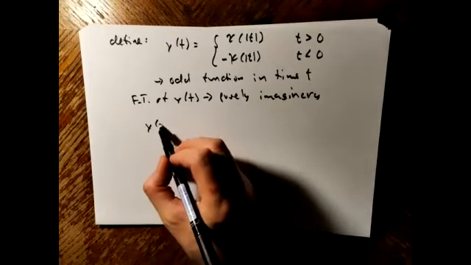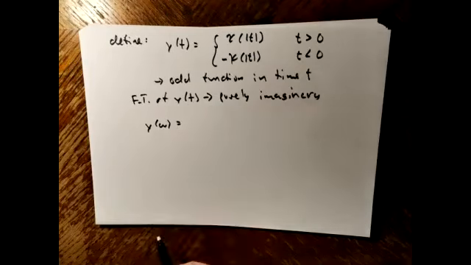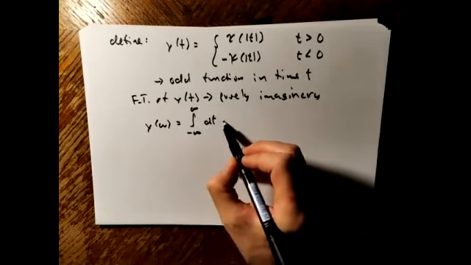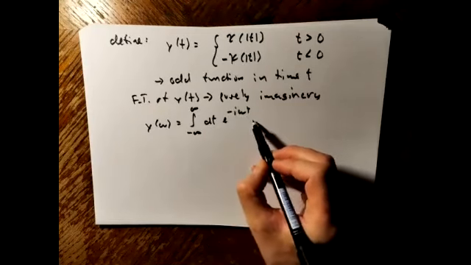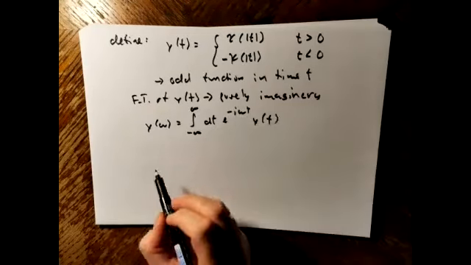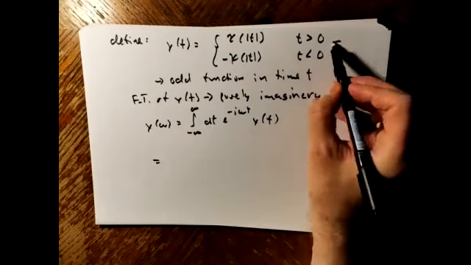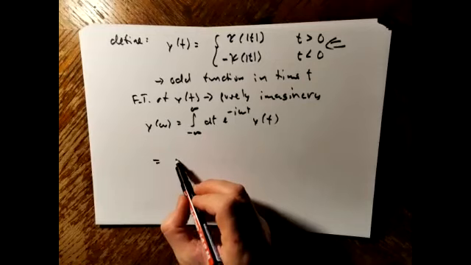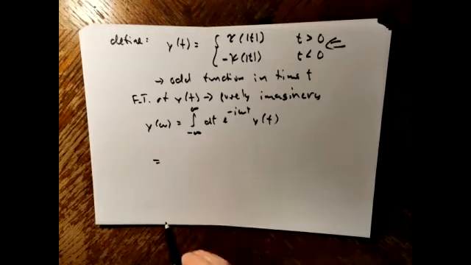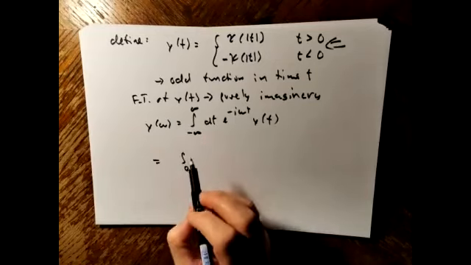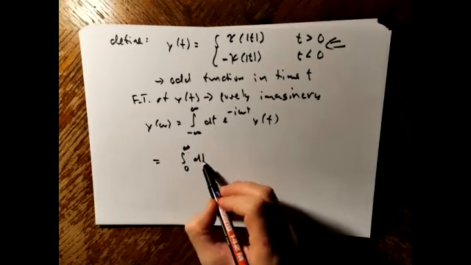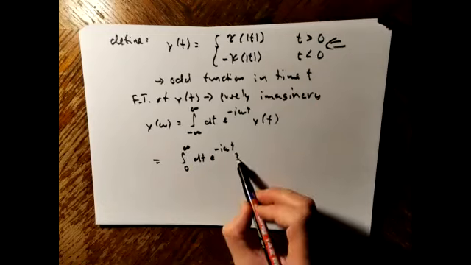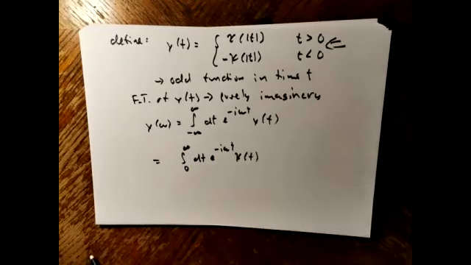So basically, I want to Fourier transform y of omega. I'm going to, of course, use the formula integral dt e to the minus I omega t, y of t. Via this definition up here, I can break it into two pieces. I can say integral from 0 to infinity dt e to the minus I omega t chi of t.